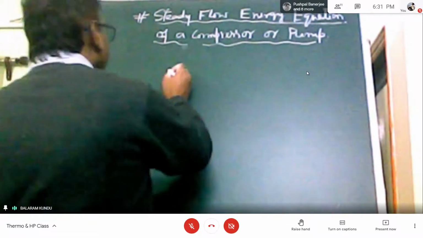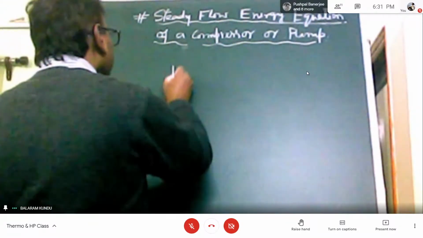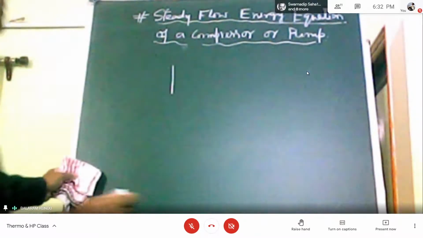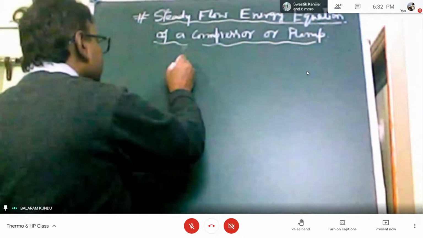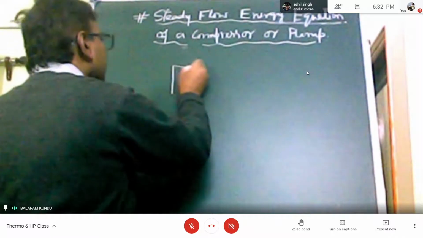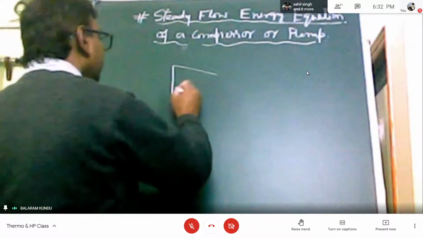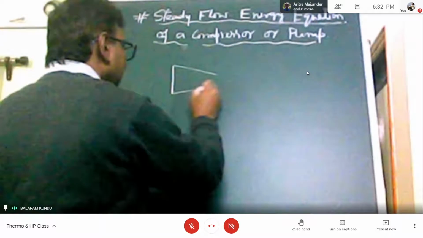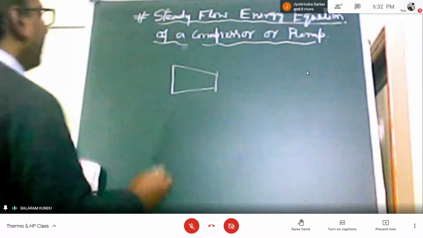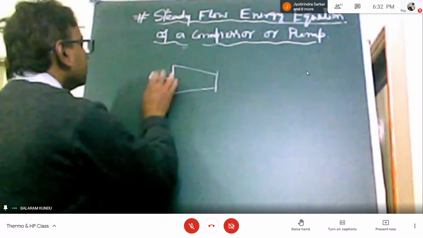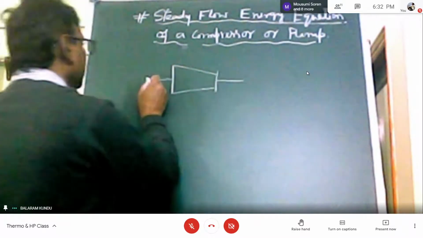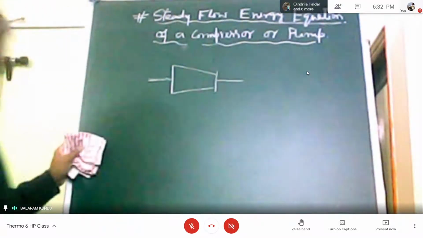For the compressor or pump, the schematic diagram of a compressor is like this. In the flow direction, the flow area gradually reduces. This is your compressor, and the shaft is also there, and the compressor is driven by a motor.